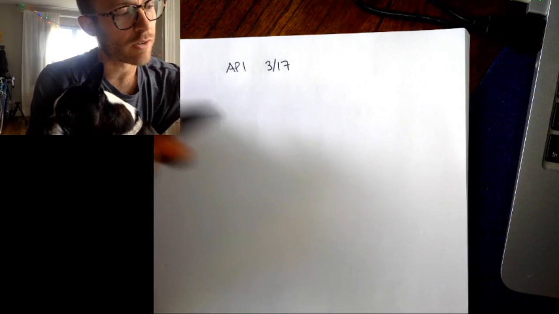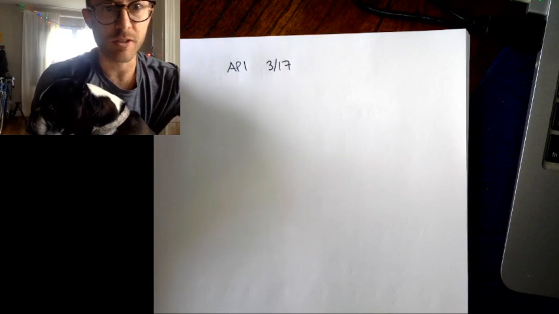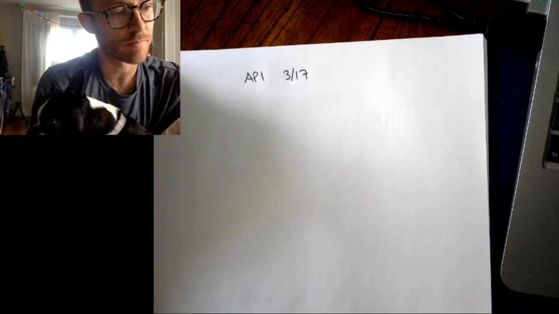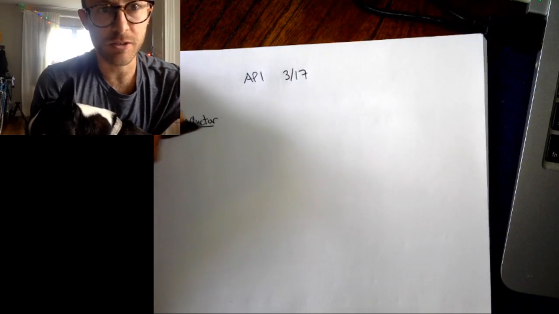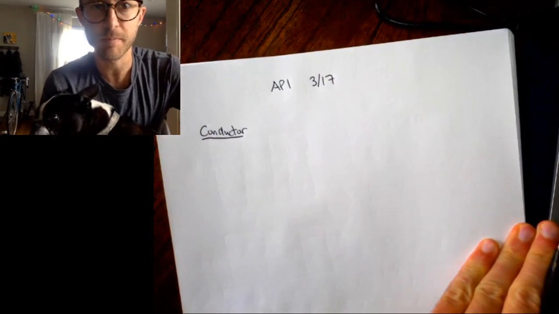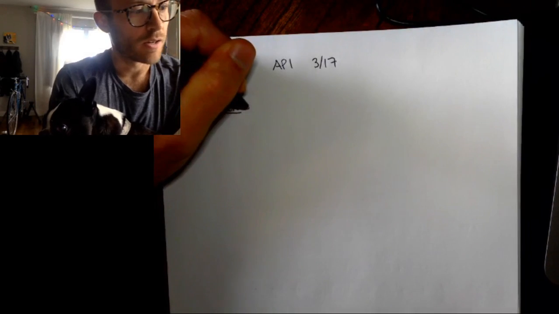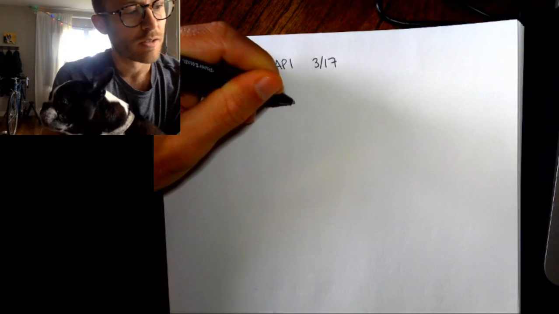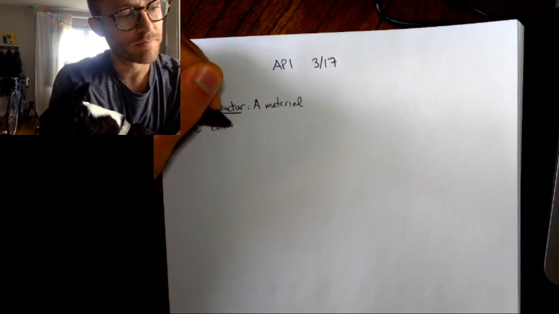Actually, before I do that, let me talk about two different classes of materials. One class of material is called a conductor. A conductor is a material electrons can flow through easily.